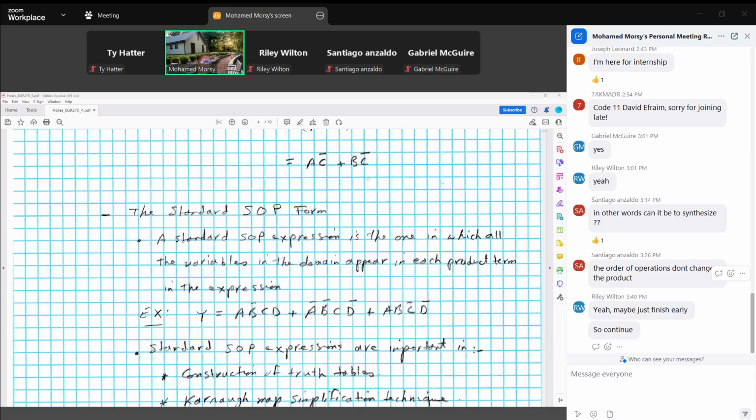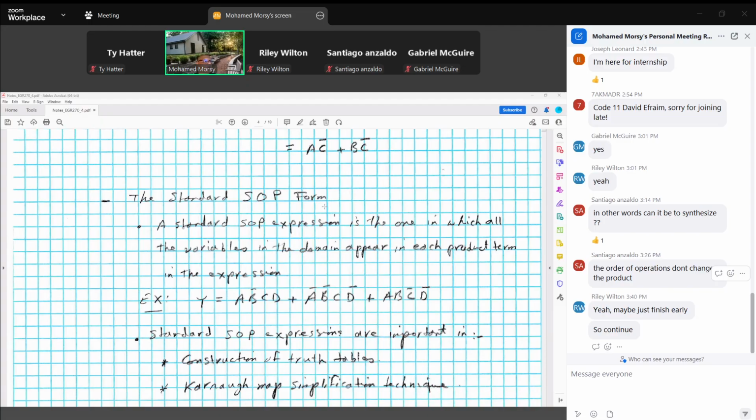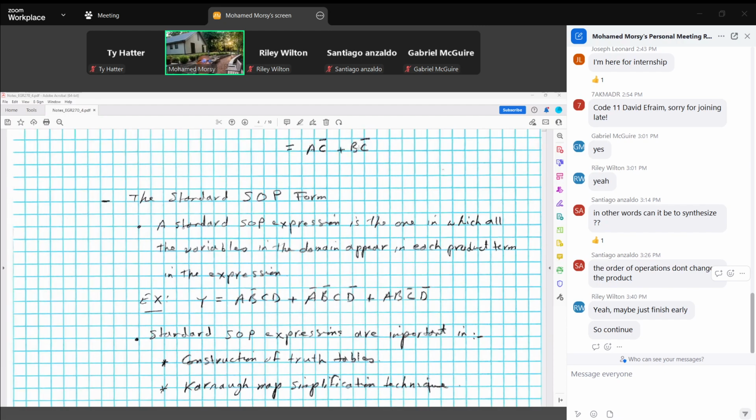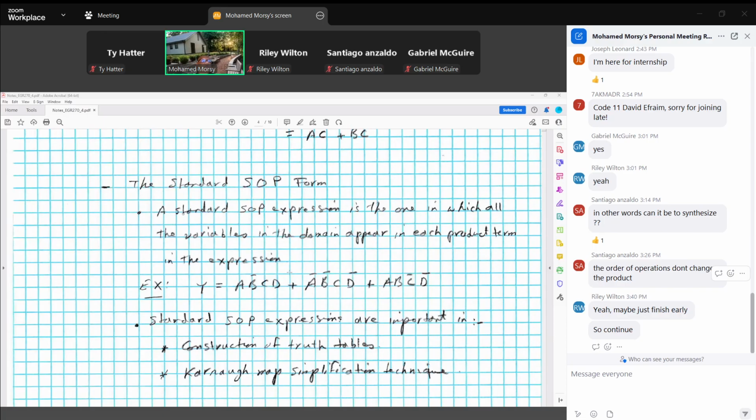But now we focus on what is the standard form. So a standard sum of product expression is one in which all the variables in the domain, this whole thing is called the domain here, appear in each product term in the expression. All variables, either the variable or the variable inverted, it doesn't matter.